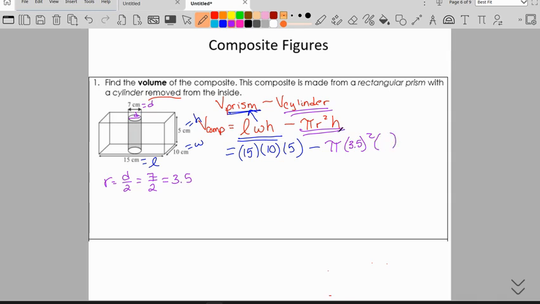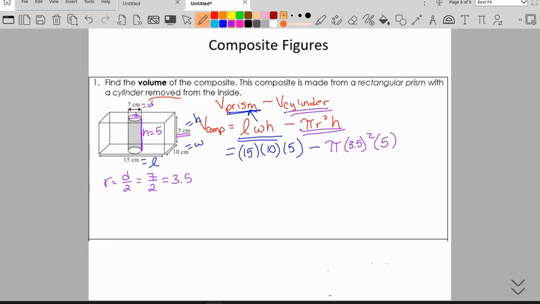This height refers to the height of the cylinder. Remember, the height is the distance between the two bases, the two circular bases. This is the height, and if I follow my shape over, I see it's 5 centimeters. I wanted to emphasize that because if you had labeled the length, width, and height of the rectangular prism in a different way, you might have had different labels for your height.